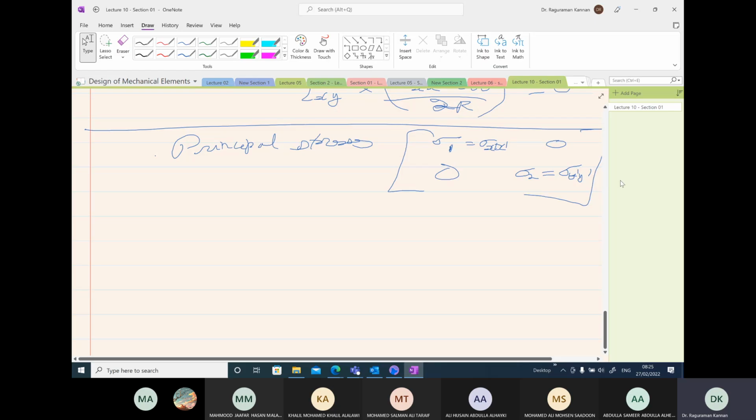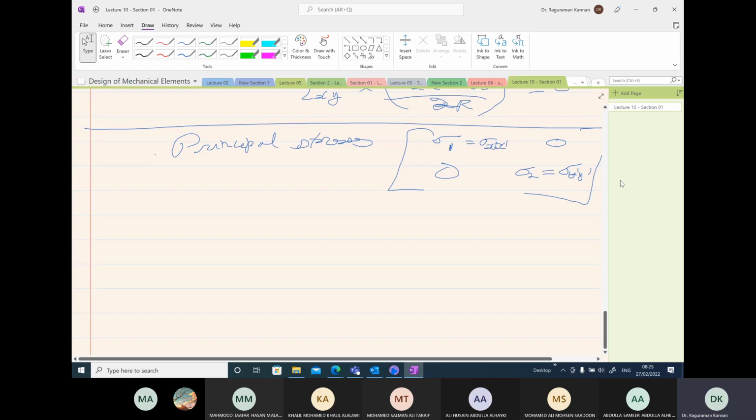What about 3D? In the case of 3D problems, we will have the principal stress tensor as follows. You will have all the shear stress components as 0, and you will have only normal stresses along the diagonal, and it will be the minimum and the maximum values, similar to your 2D.